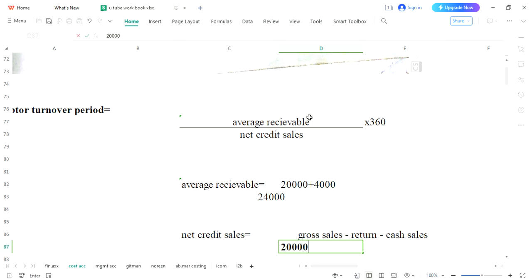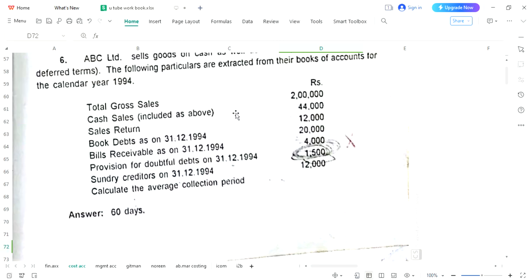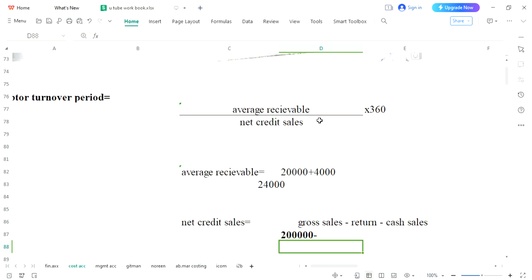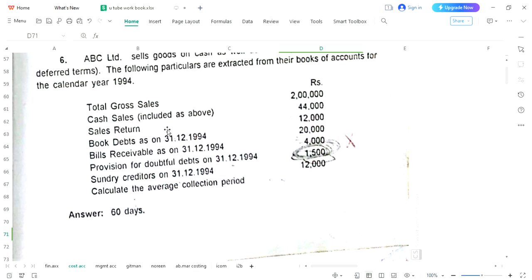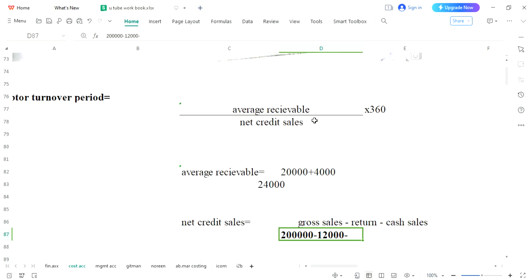We will be putting 2 lakh. Then you need to see if returns are given. Yes, returns are also given, 12,000. Just put 12,000, and then we need to subtract cash sales, and here cash sale is also given, 44,000. So just put 44,000 over here.